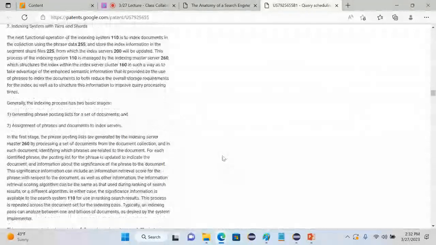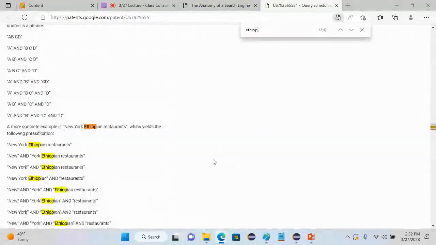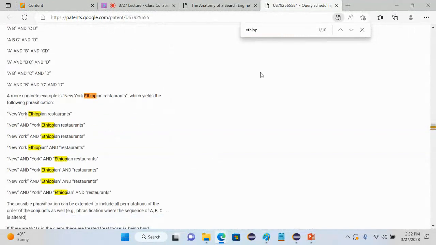And I'm just going to do one last thing here. They talk about a lot of stuff. I'm just going to find Ethiopian. Ethiopian. There we go. New York Ethiopian restaurants, right? So the possible phrases there could be New York plus Ethiopian restaurants, or any of these other combinations down here.